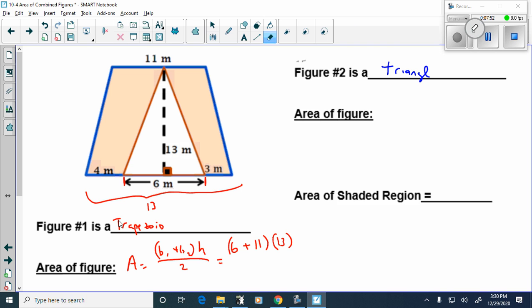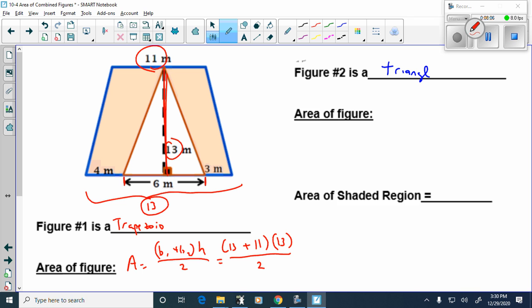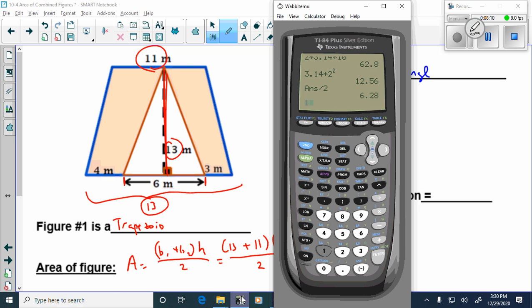So I need to change this number to 13 plus 11. You see that? So there's base 1 and base 2, and here's the height, and then divide it by 2. So on my calculator, 13 plus 11 times the height divided by 2 is 156.